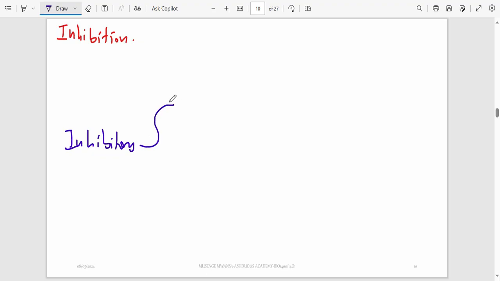Now, these inhibitors can either be reversible or non-reversible. That is one important thing you should take note of. What do we mean?